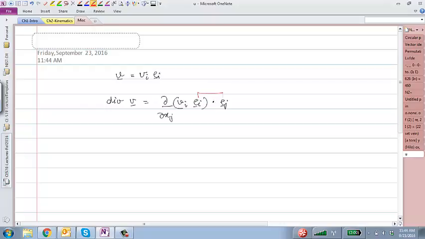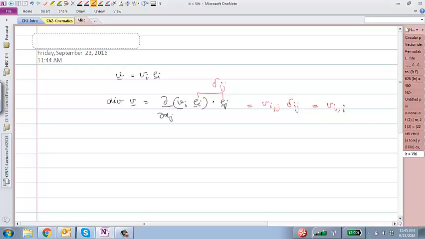We know that this is delta_ij, and so that gives me V_i,j delta_ij, and if I contract out j, then I get V_i,i.